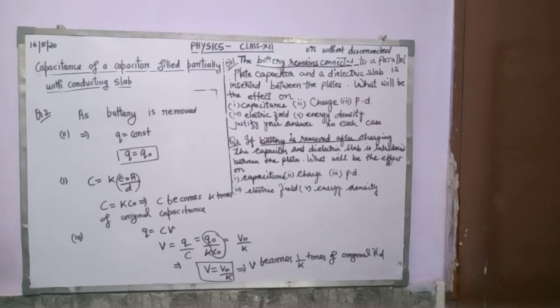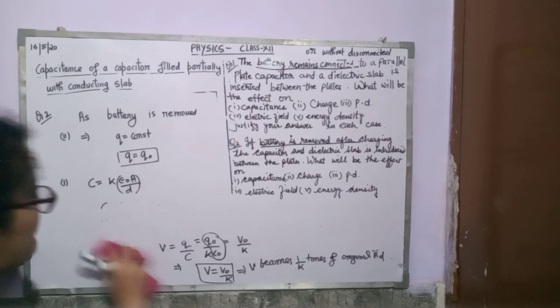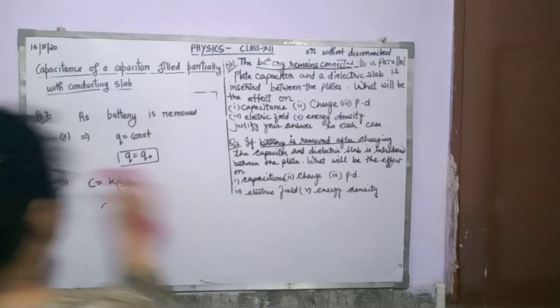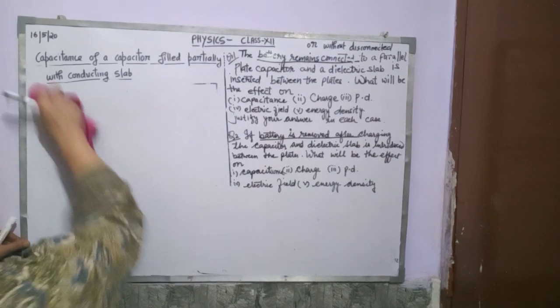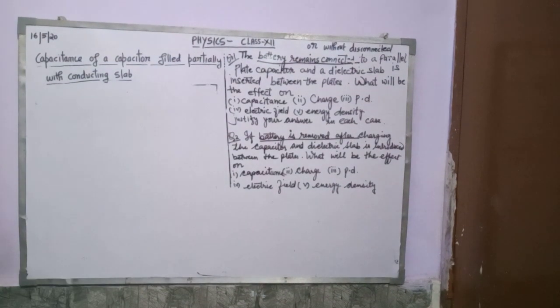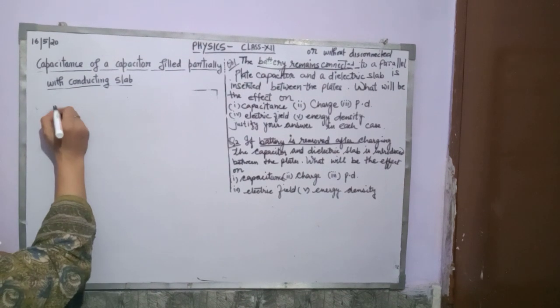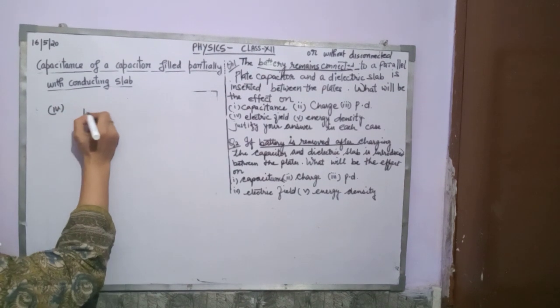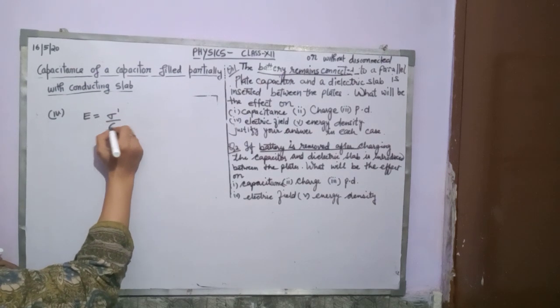Now the next one is electric field and then energy density. What is the electric field? Now you know electric field E is equal to, this is your fourth part, electric field E is equal to, in the previous case also, sigma dash upon epsilon.